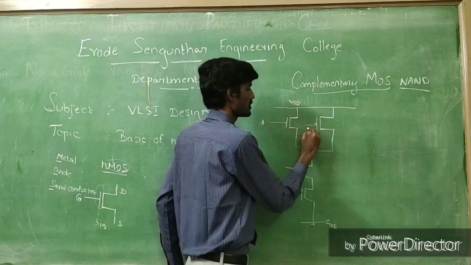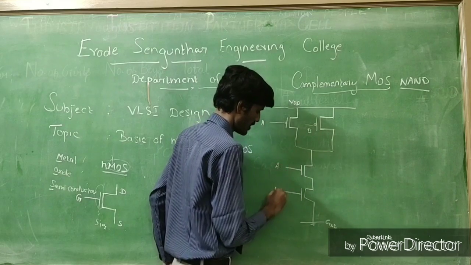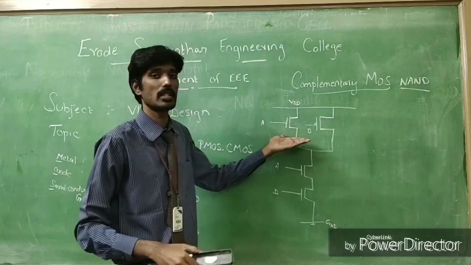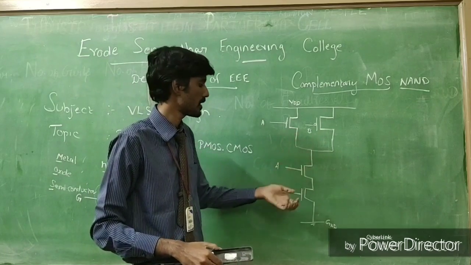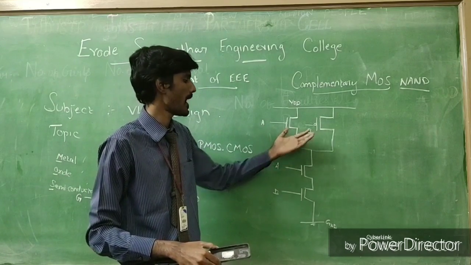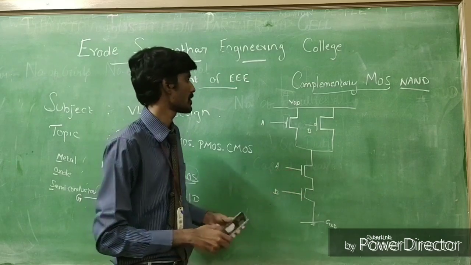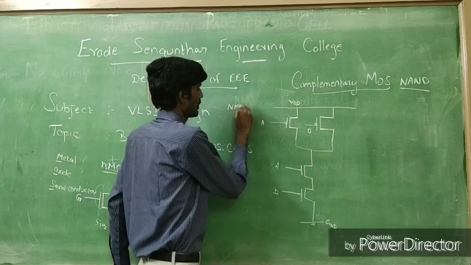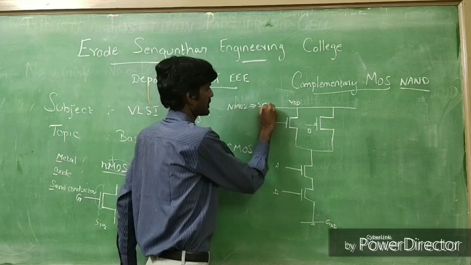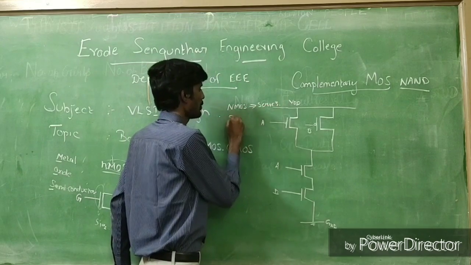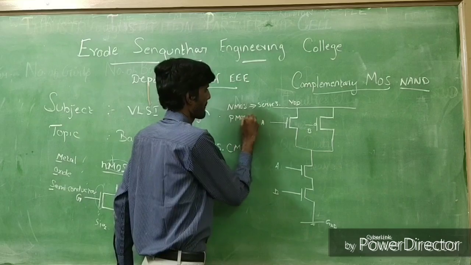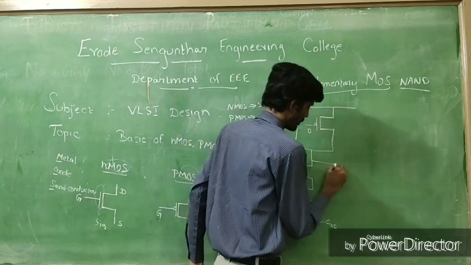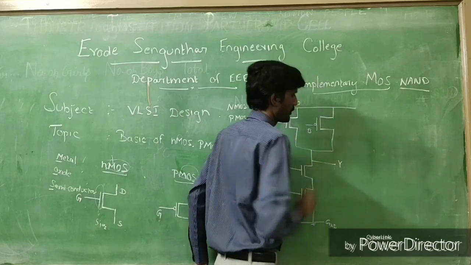So A, this is called B, again A, B. For the NAND gate implementation, the PMOS is in a parallel combination and the NMOS is in a series combination. So the NMOS is series and the PMOS is parallel. We take the output here.